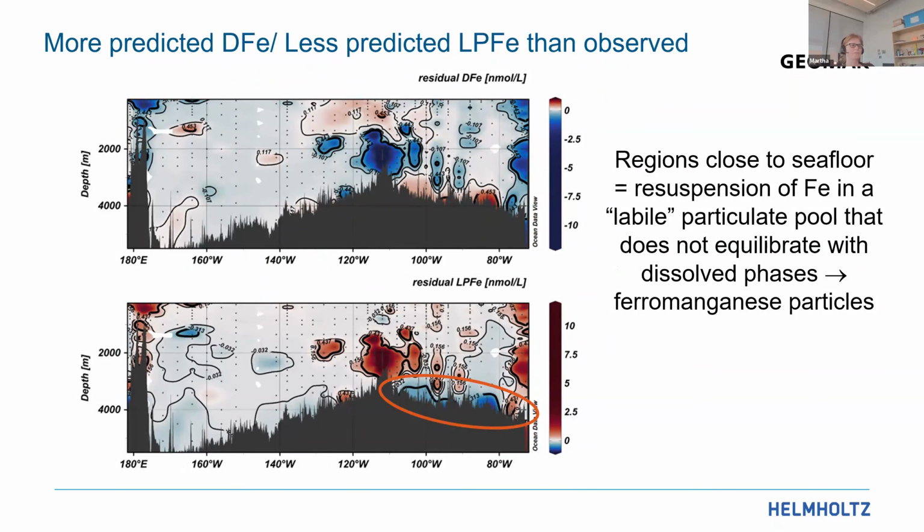These ferromanganese particles will fall into this labile particulate pool that is operationally defined during the analytical procedure for its quantification. The iron is hydroxides, it's associated with the manganese as well, but it doesn't really dissolve. So once it's in the water, it just stays stuck to the ferromanganese particles.